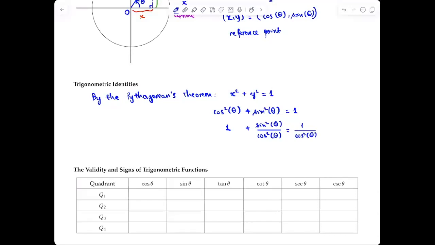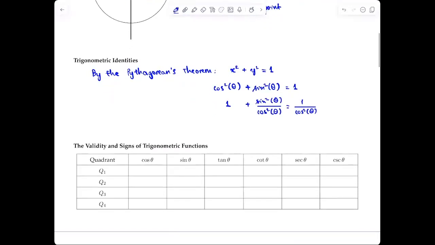Okay. All right. So let me rewrite this a little bit. So here you have sine of theta over cosine of theta, altogether squared, and this is 1 over cosine of theta, altogether squared.